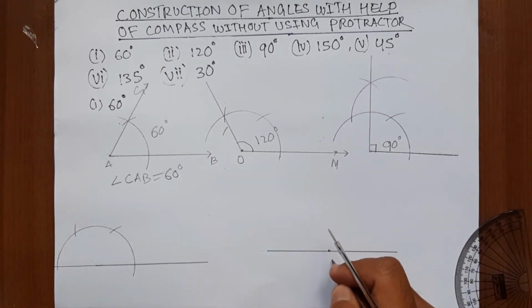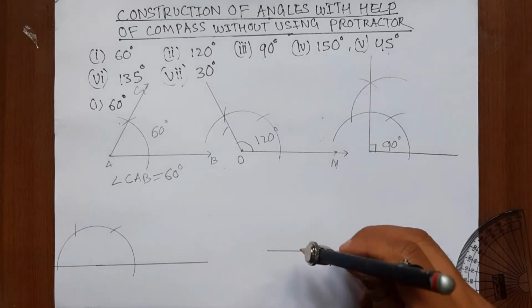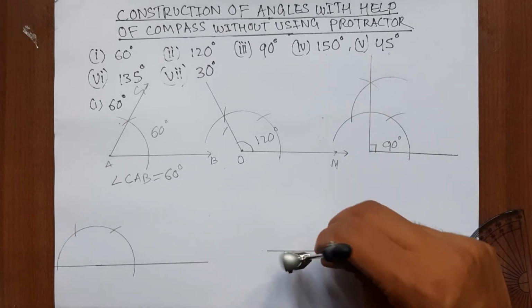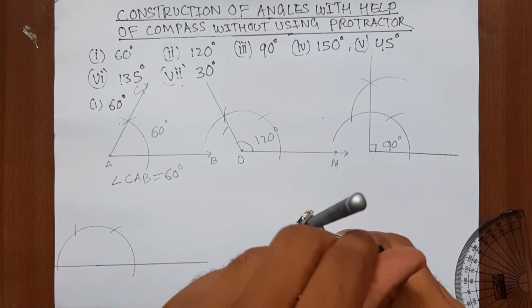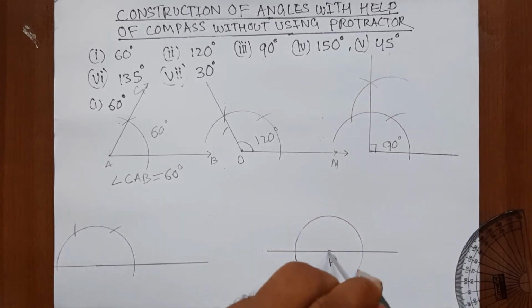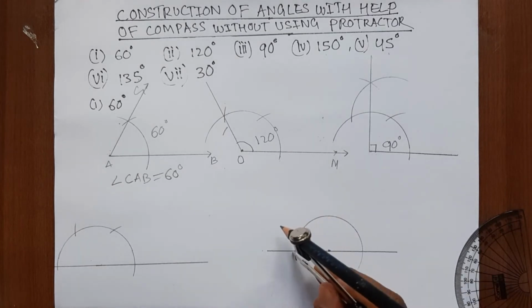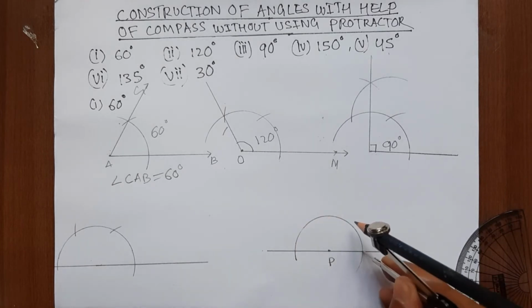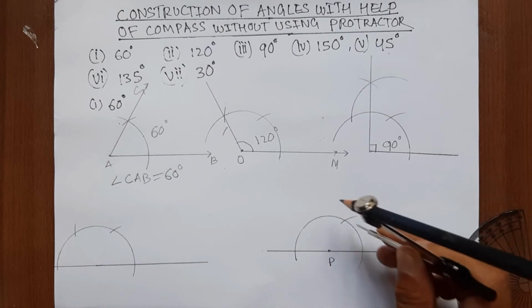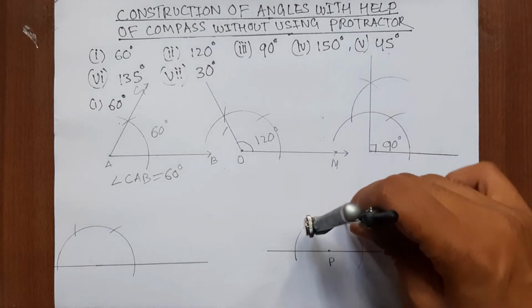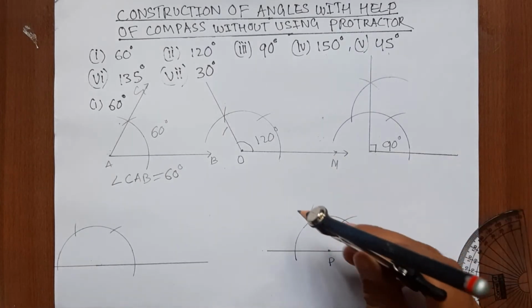Let this point be P. I'll make an arc like this. This is 180 degrees. Now first cut 60, second cut 120 degrees.